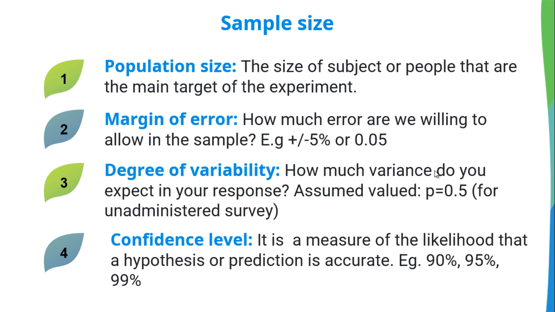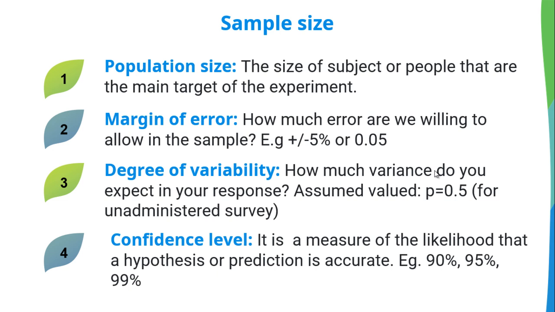One of the things also is margin of error: how much error are we willing to allow in the sample? Maybe we want to allow 5%, which is plus or minus 5%, or 0.05. That is our probability, our p-value.